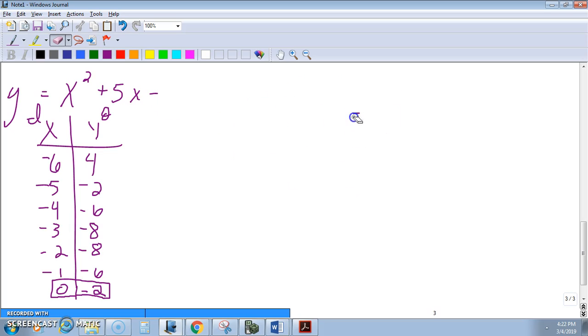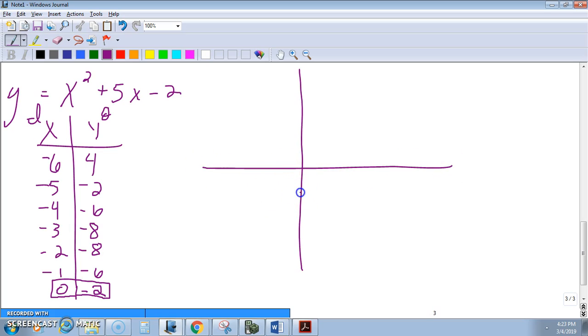Okay, so what's next? I've created a table. Now I need to create a graph. So, whoops, I erased, what was that, -2? I really haven't found any other good points besides my y-intercept. So let's see what I have so far. I have my y-intercept, which is negative 2, so I know that's here.